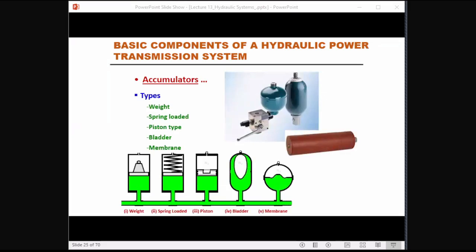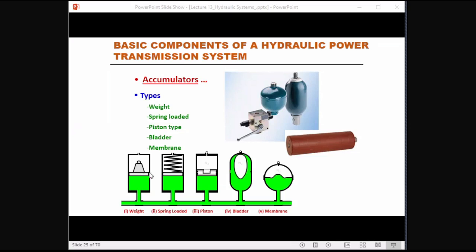Here you can see different types of accumulators. Okay, first one is the weight loaded accumulator. Okay, spring loaded accumulator, piston type accumulator, bladder type accumulator, and membrane accumulator.